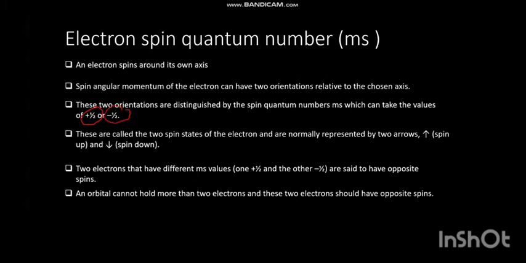These are the spin quantum numbers, and they can be denoted as m subscript s. These are called the two spin states of the electron, and they can easily be represented as arrows. If an upward arrow is present, then it will be spin up, and if a downward arrow is present, then it will be spin down. Two electrons that have different m subscript s values are said to have opposite spin.